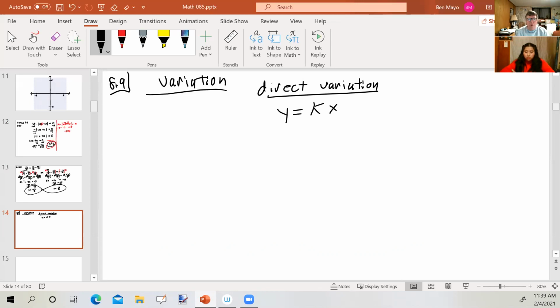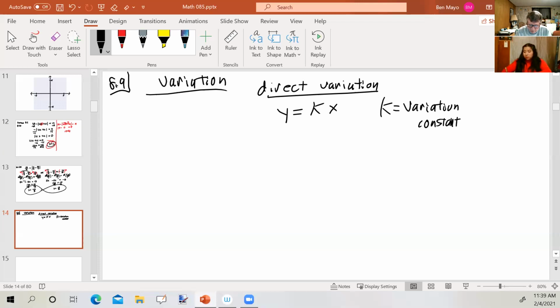X and y are the variables. K is what we call the variation constant. In many of these problems we're going to have a formula that has k in it. They will give us information allowing us to determine what k is. Then we'll put that value in the place of k and go from there.